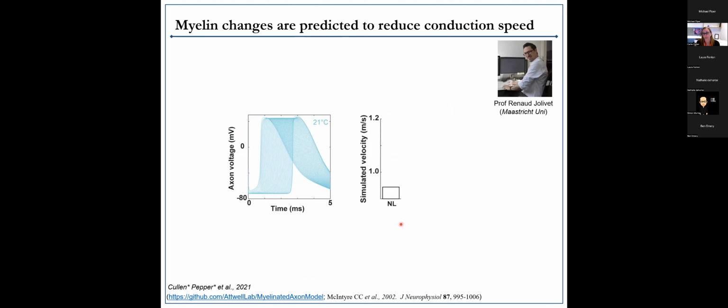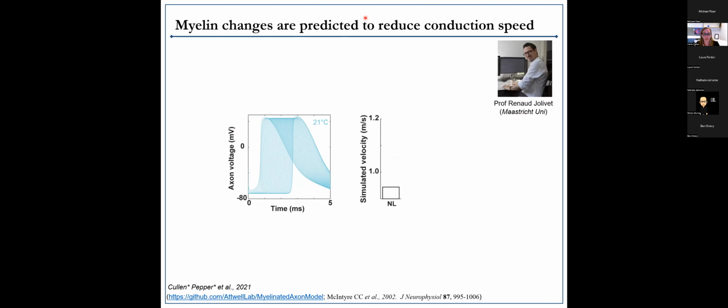So with the help of Professor Renaud Jolivet, who at the time was at the University of Geneva, but has just moved to Maastricht University, we wanted to know what these subtle ultrastructural changes might be doing to conduction velocity.